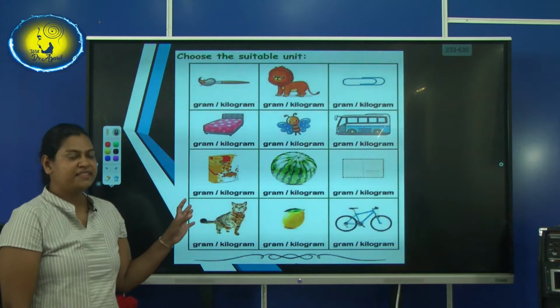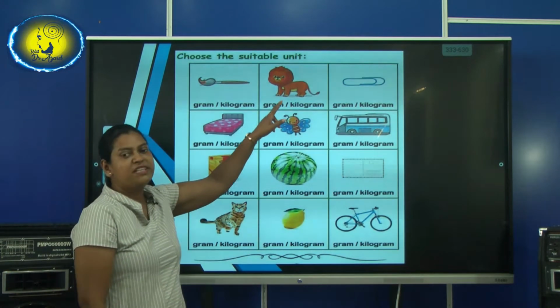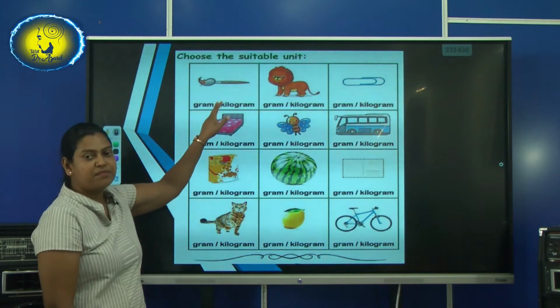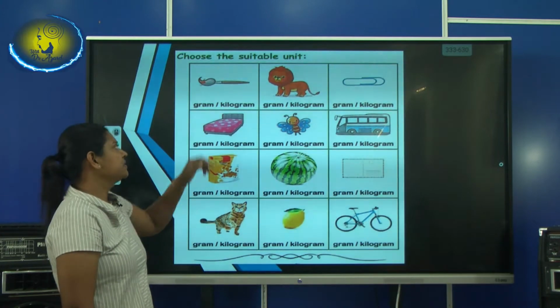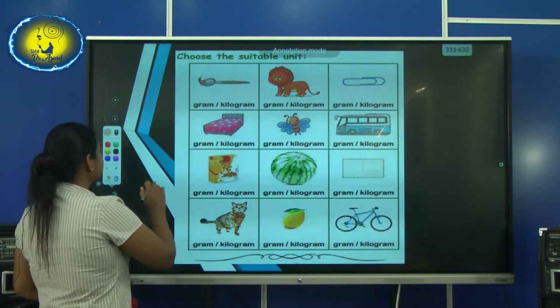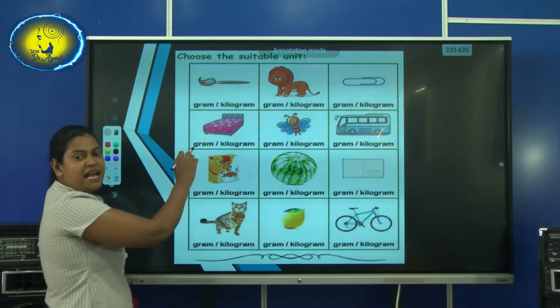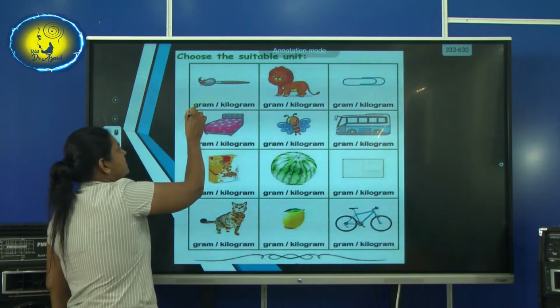This is a small activity. You can do it with me. Choose the suitable unit. This is a paint brush. It has a light weight, so you can measure it in grams.